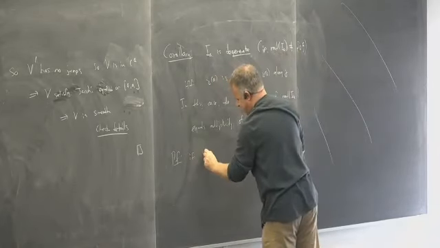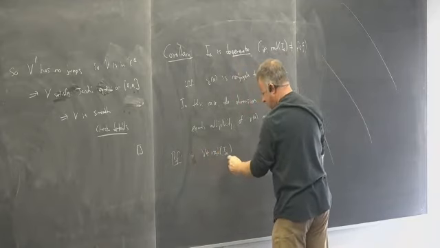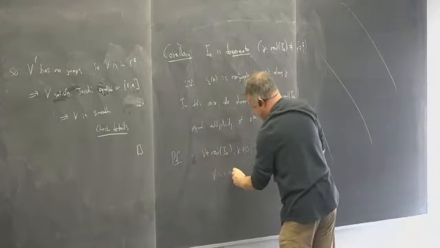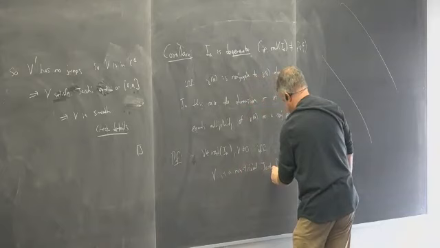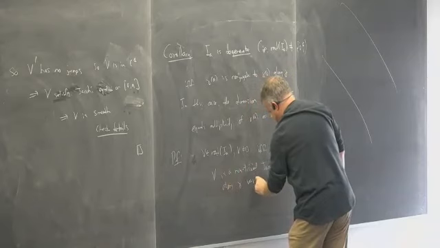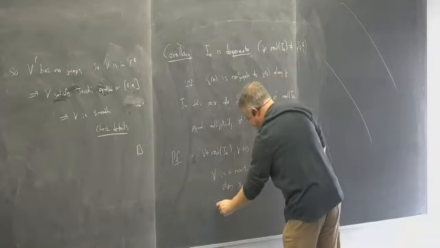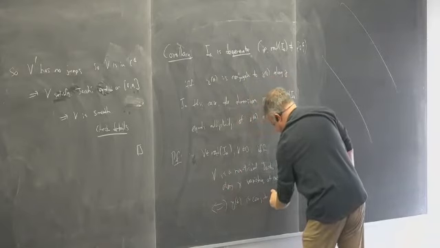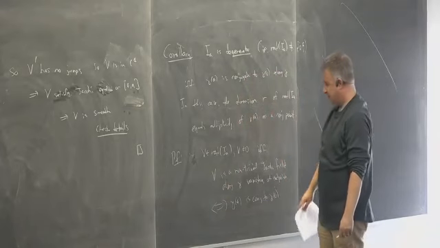So V is in the radical of IA and V not equal to 0, if and only if V is a non-trivial Jacobi field along gamma vanishing at the endpoints, and that's by definition the condition that gamma of A is conjugate to gamma of 0. And the multiplicity is exactly the dimension of the space of these Jacobi fields.